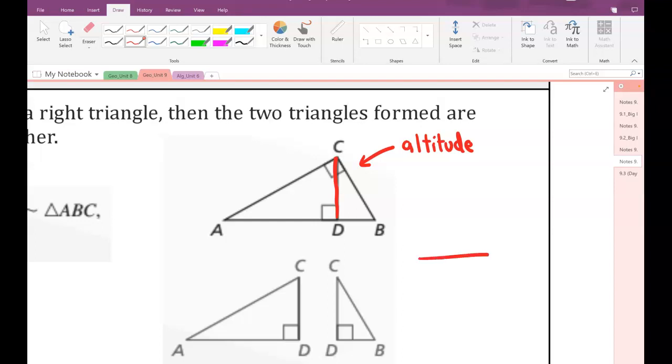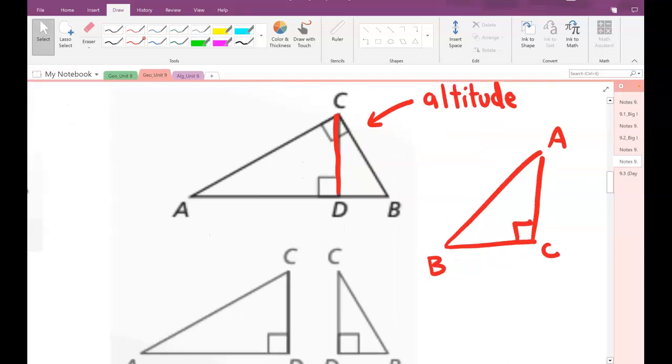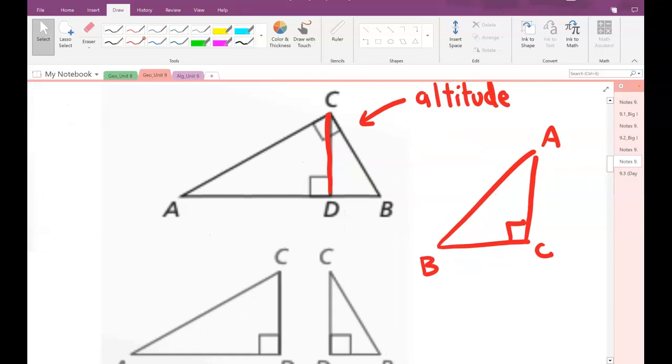So if I flip the orientation of this, this would be C, this would be B, and this would be A. My right angle's there. Just flipping the orientation. So we can compare. If we do that, you can see now it makes up two similar triangles.